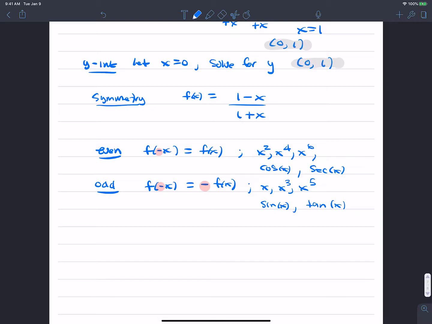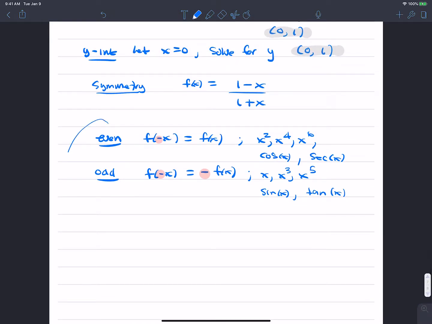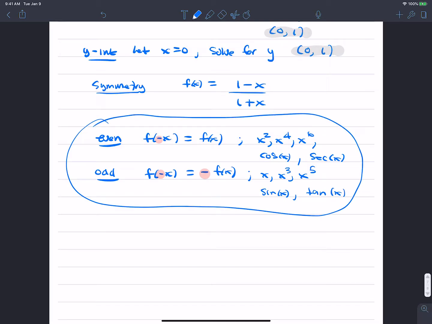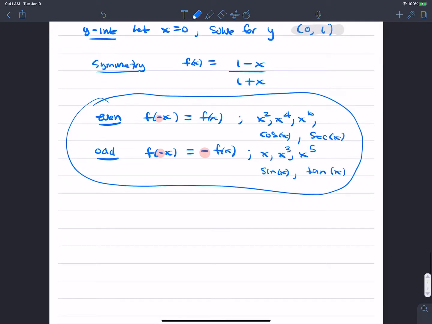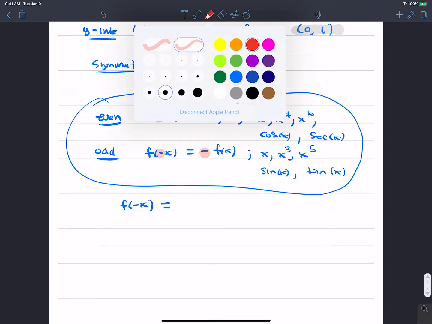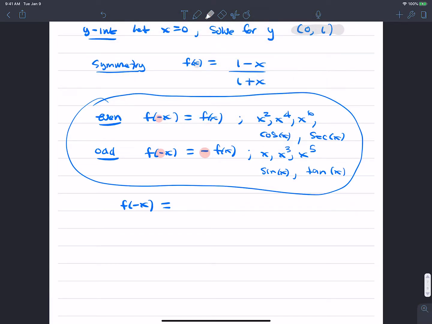Now, again, we're just going to test this function and how you really do this. And so you can actually put this here in our notes. So we're going to find or look at f of minus x. And that just means wherever there's an x here in your function, there's an x here, there's an x here, there's an x there.